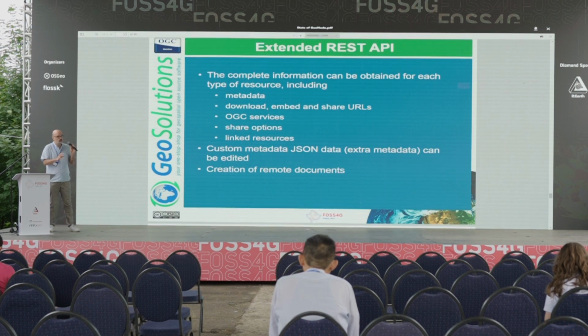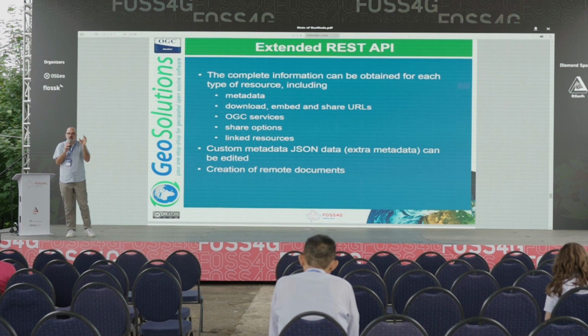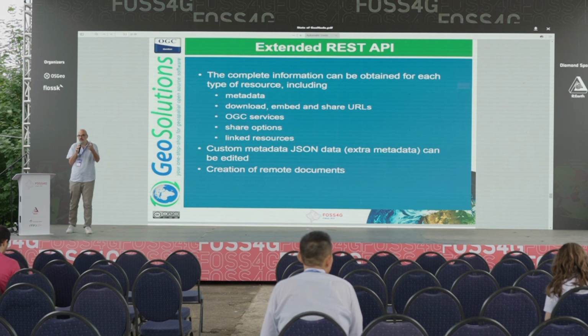You can also, and we will extend it, integrate your own metadata and your own models to extend the API with your custom modules. So if you have your custom module, or you want to extend the information attached to the resources, you can do it without having to implement the API yourself.